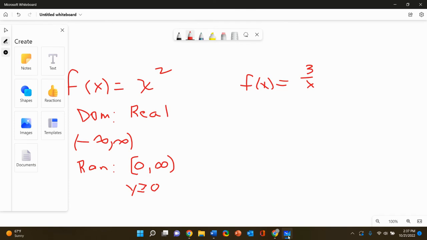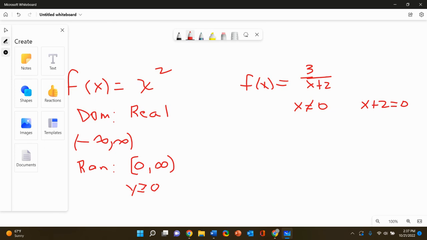Anytime you have a denominator that has a variable in it, so variables in the denominator, we're going to set that equal to 0. So even if I added a number there, and we'll do that here, set those equal to 0. That's going to give me the limit to what my x's cannot be. So here x cannot equal 0.